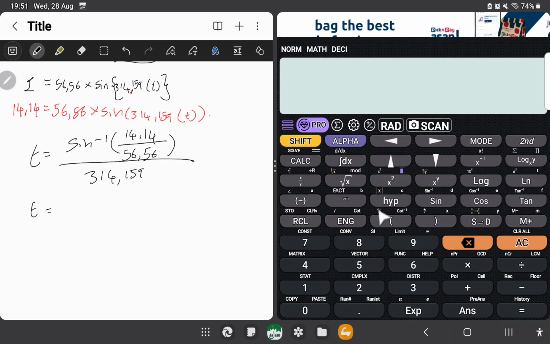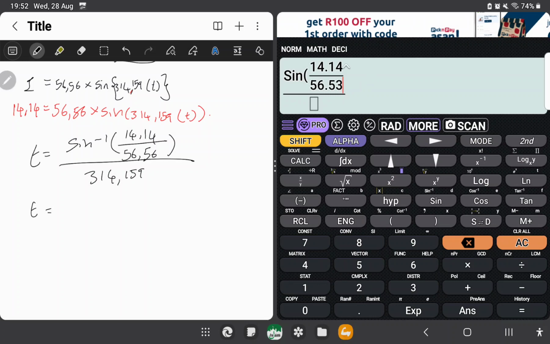Open bracket. So on top we have sine, and then we have 14.14 divided by 56.56.